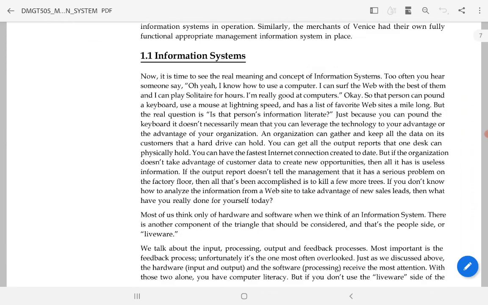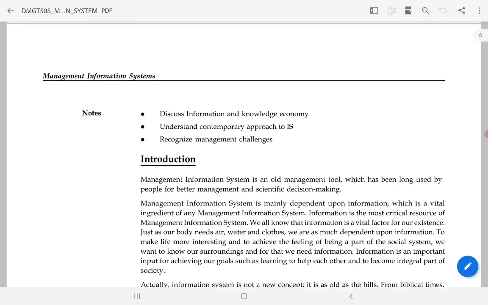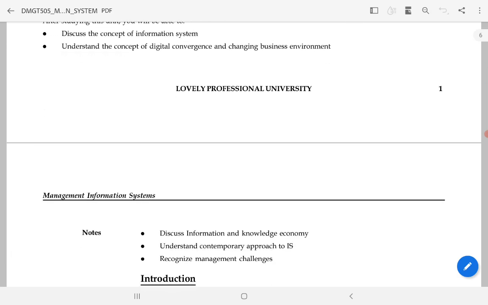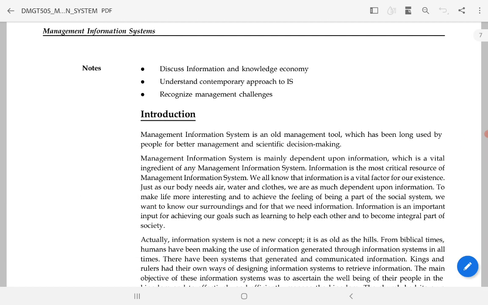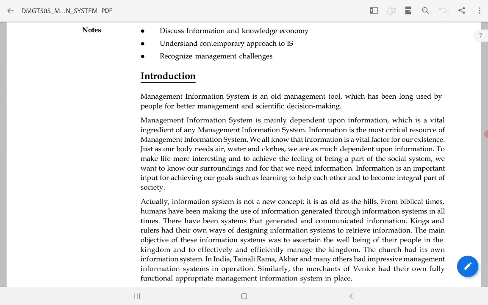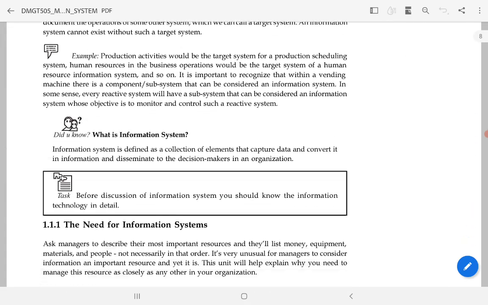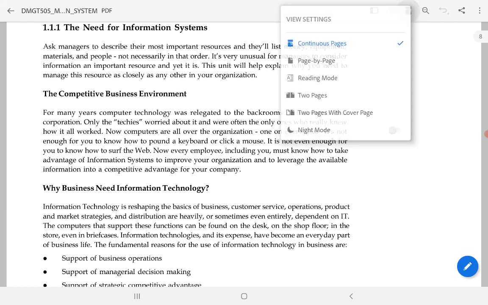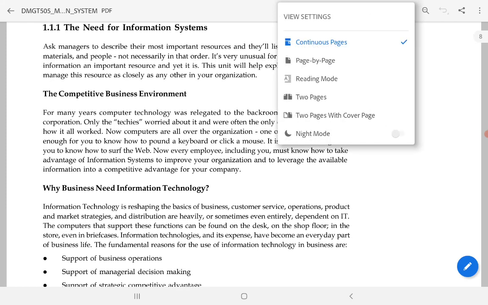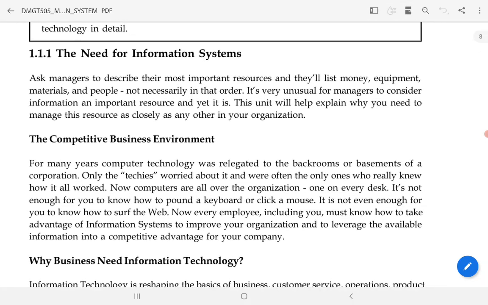So we start with some basics. The need for information system. What is the need for information system?